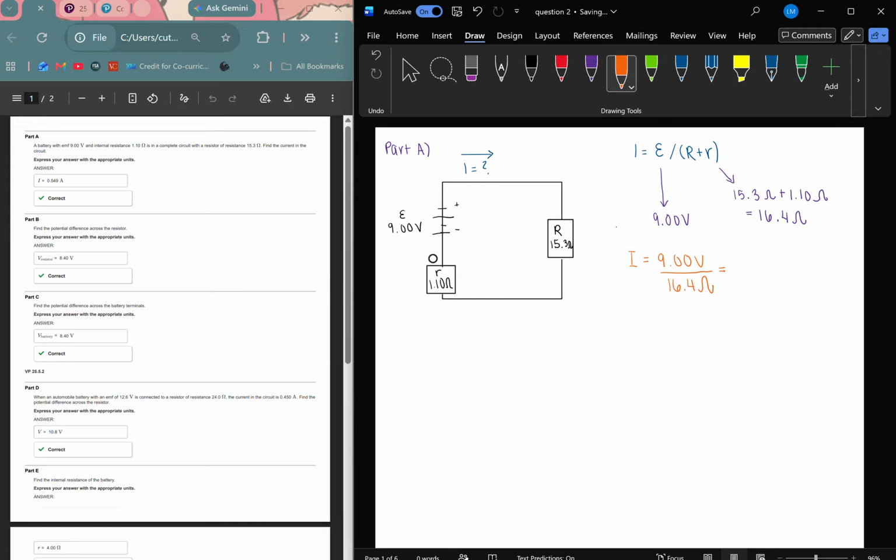Okay, and I got 0.5487804878. So I'm just going to stop it here, and then I'm gonna round it. Like I said earlier, give me a minute to think.